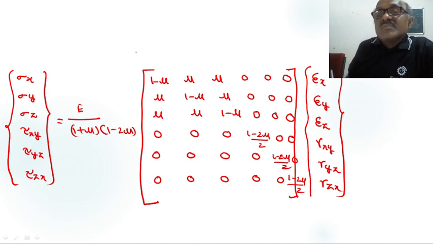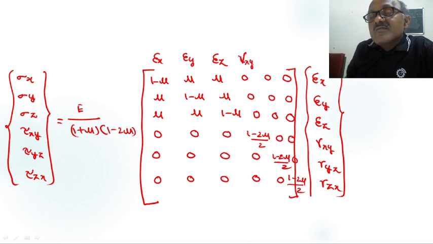Here, the first columns are epsilon x coefficients, the next columns are epsilon y coefficients, then epsilon z coefficients, then gamma xy coefficients, gamma yz coefficients, and gamma zx coefficients.